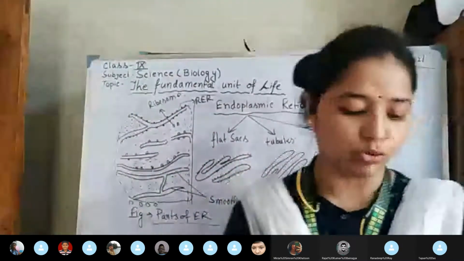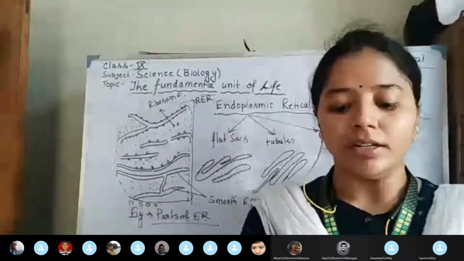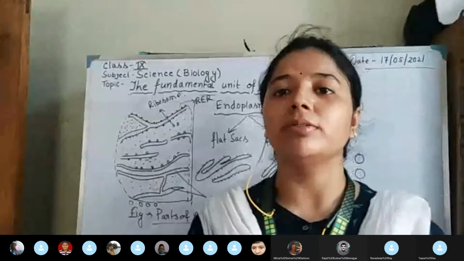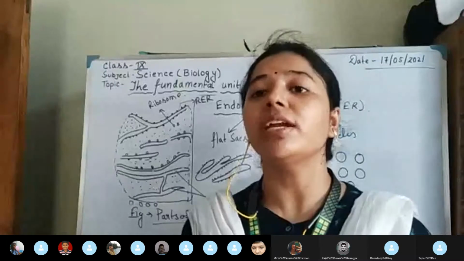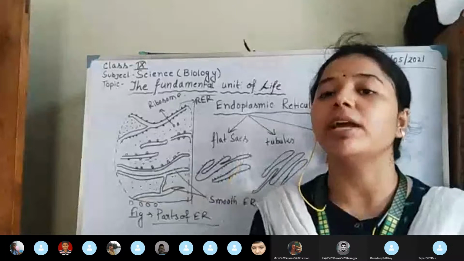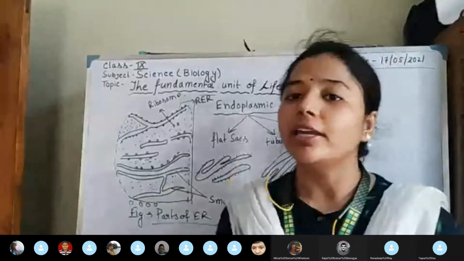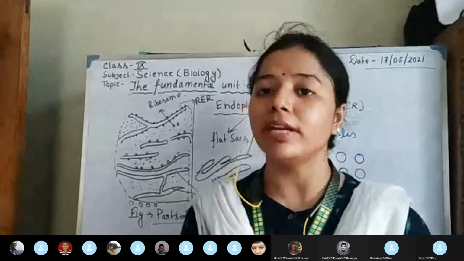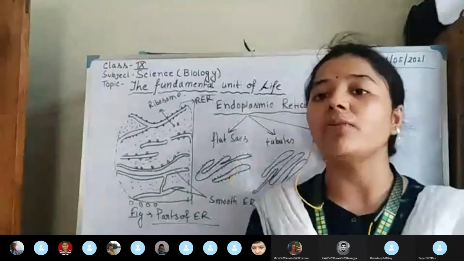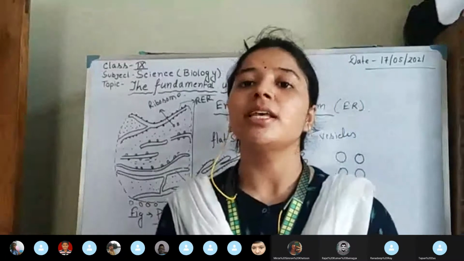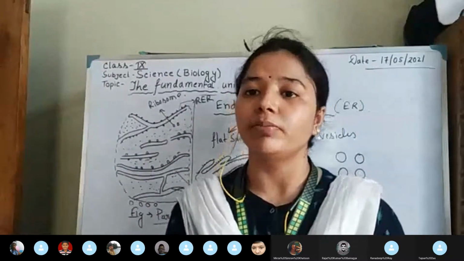No? Okay, very good. So the presence of ribosomes makes the endoplasmic reticulum into two types. When there is presence of ribosomes in an endoplasmic reticulum, it is known as RER, or rough endoplasmic reticulum. And when it is devoid of ribosomes, it is known as smooth endoplasmic reticulum.